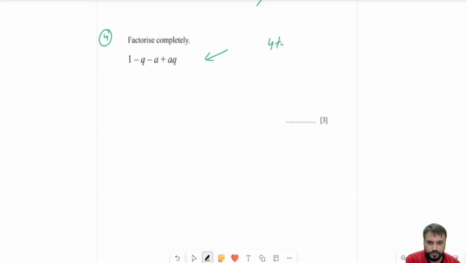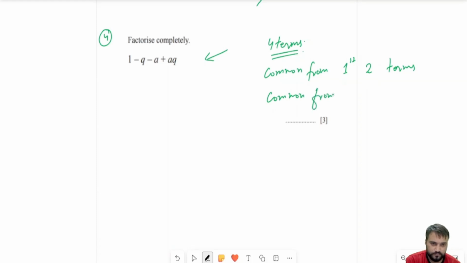Whenever you have 4 terms, then usually we take common from first two terms, and then common from second 2 terms. Here the first 2 terms are 1 and minus q. There is nothing common between them, so we can take 1 as common.